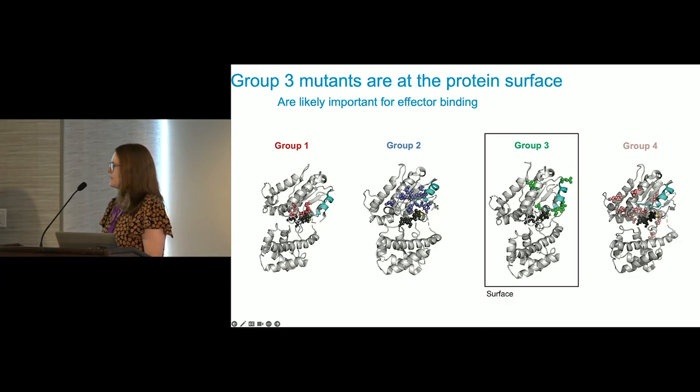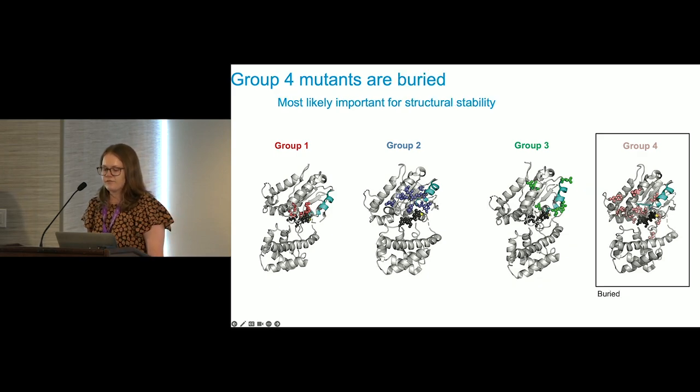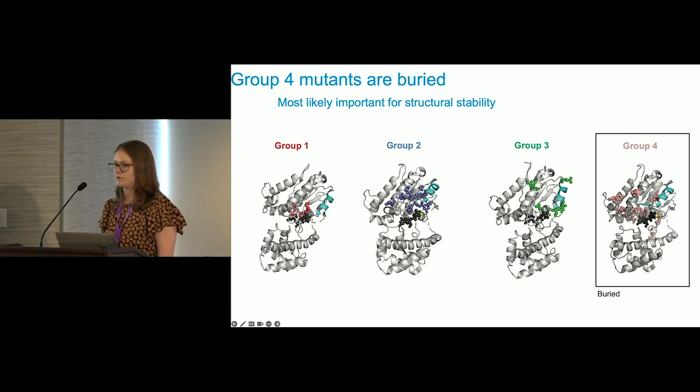A third group of mutants are found on the surface of the protein, so we expect mutations in this region to not have an effect on receptor or beta gamma interactions, but instead to be more likely to affect interactions with other binding partners, which are also known as effectors. And finally, there's a fourth group of mutants that are buried within the protein core, so we expect mutations in this region to affect the overall structural stability of the G-alpha protein.